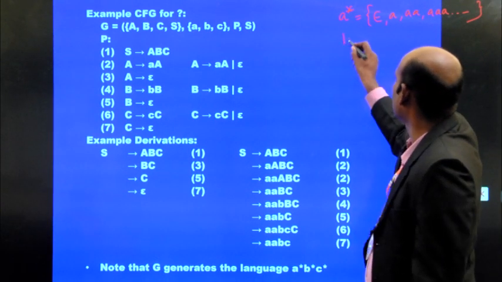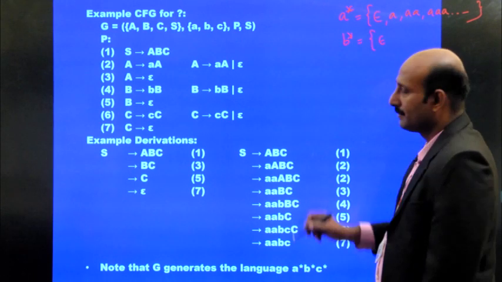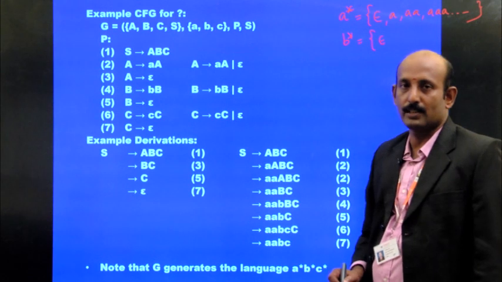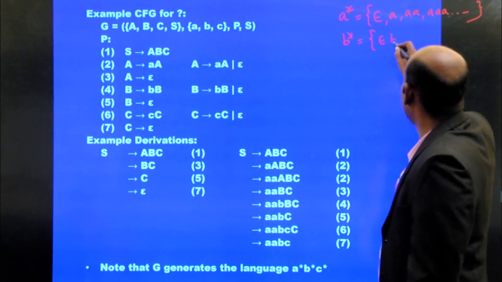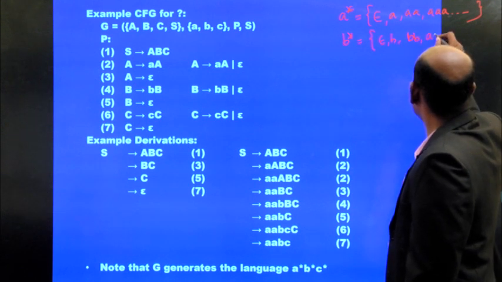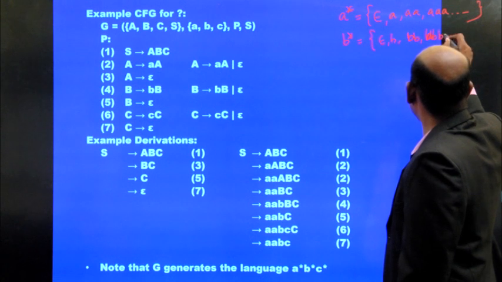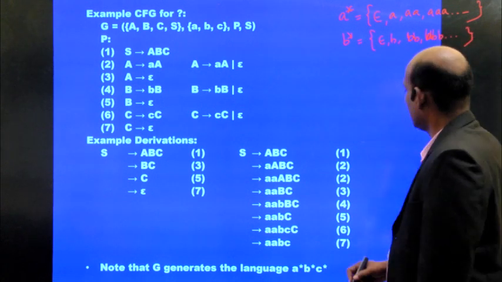Likewise, B star means zero or more occurrences of B: epsilon, B, BB, and so on like that.